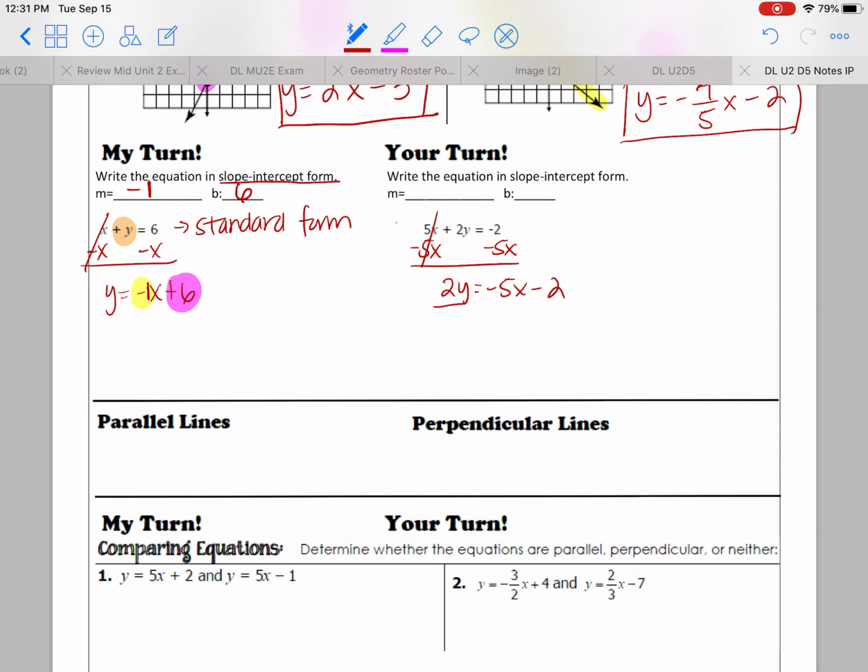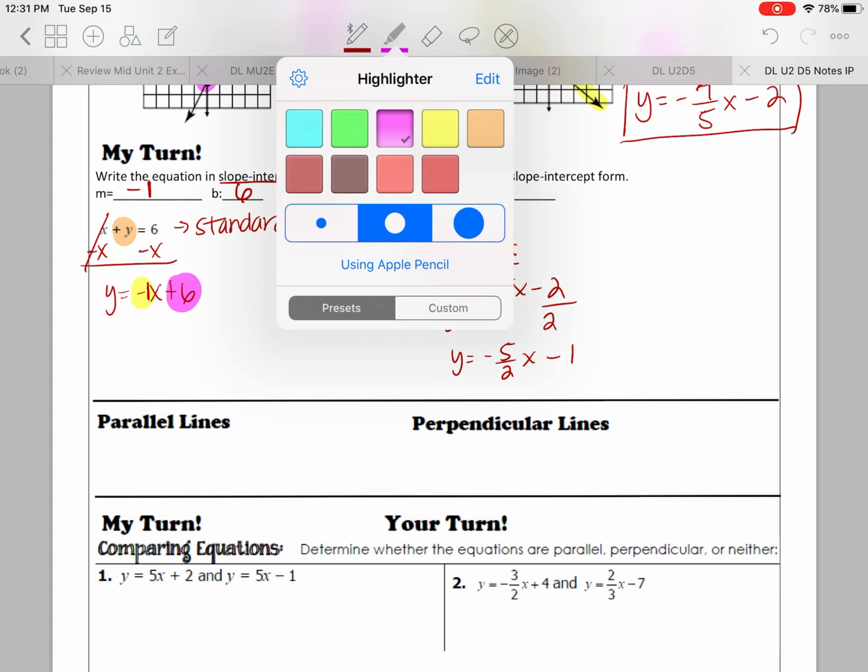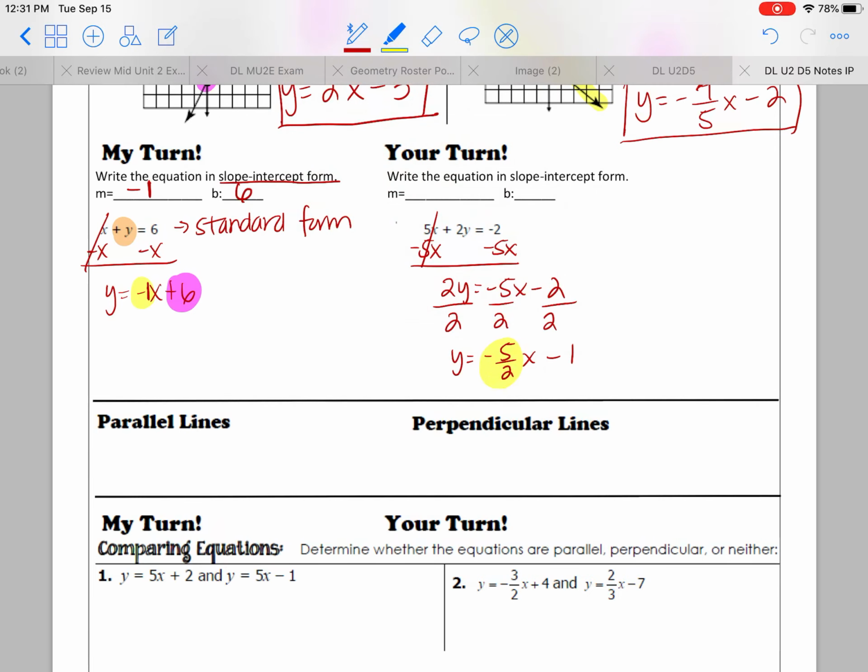And then finally cancel the coefficient. So y equals negative 5 halves of x minus 1. Notice my slope is the coefficient of x, negative 5 halves, and my y-intercept is my constant, which is negative 1.